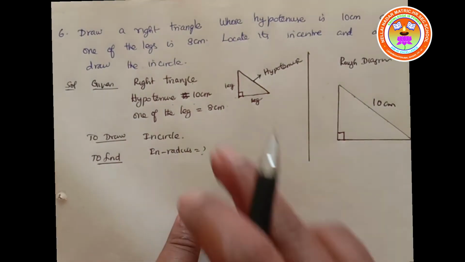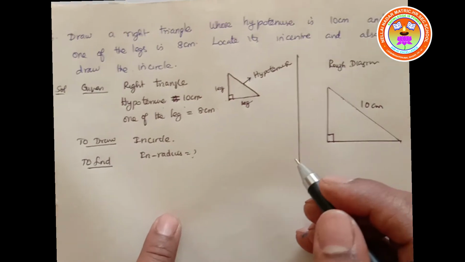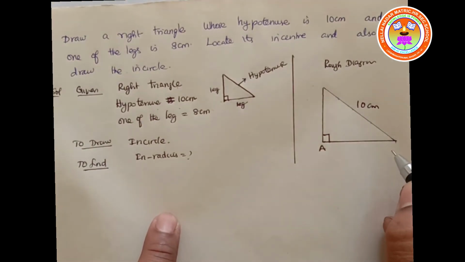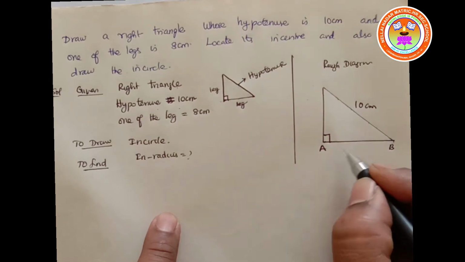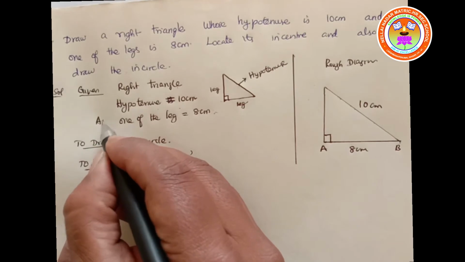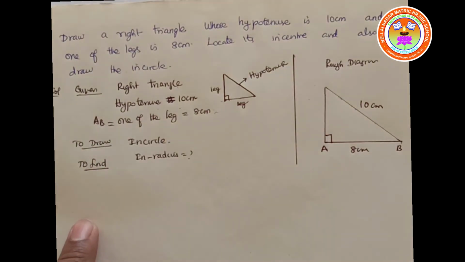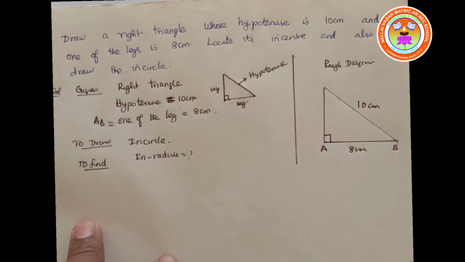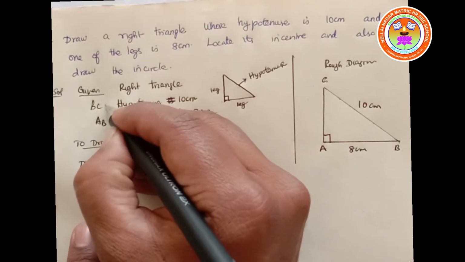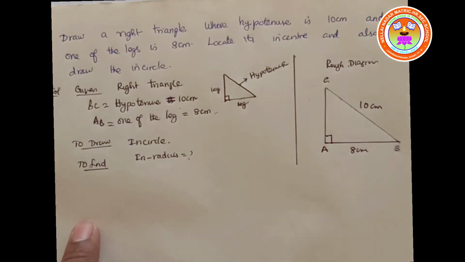Now I consider one of the legs as AB, that is equal to 8 centimeter. And BC is the hypotenuse side, that is 10 centimeter.